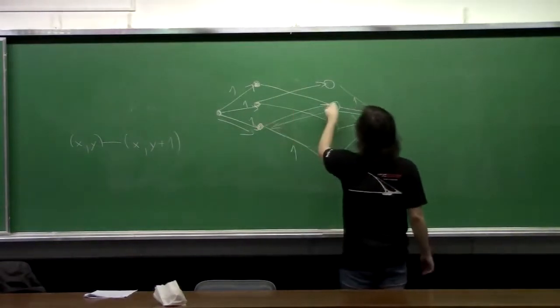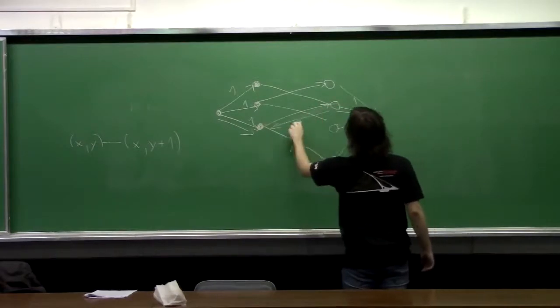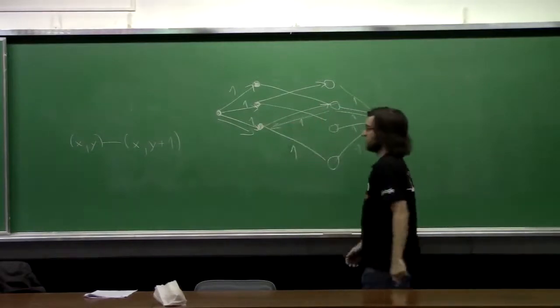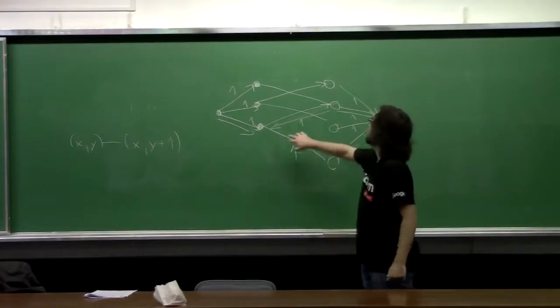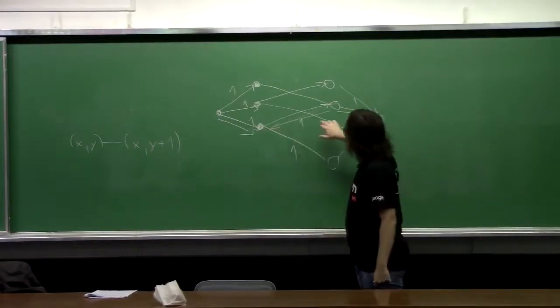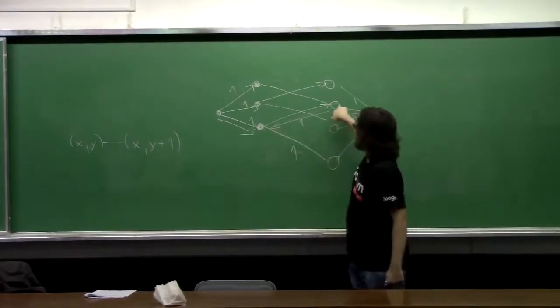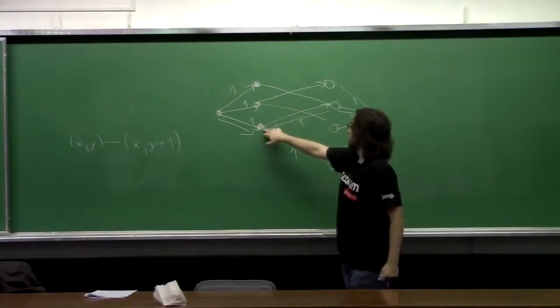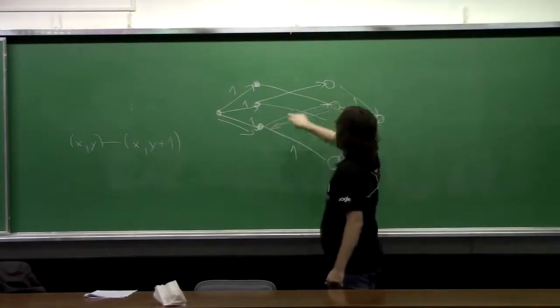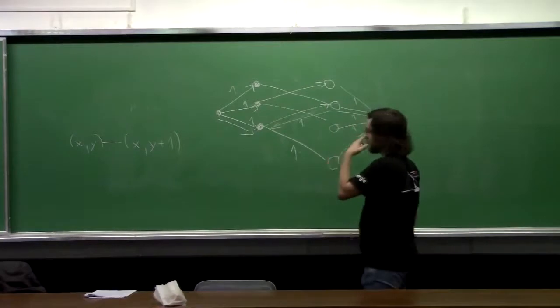If there is a flow of 1 through this edge, then this reverse edge has capacity 1, and we can decide to send a flow of 1 back through this edge and stop sending a flow of 1 forward through this edge.